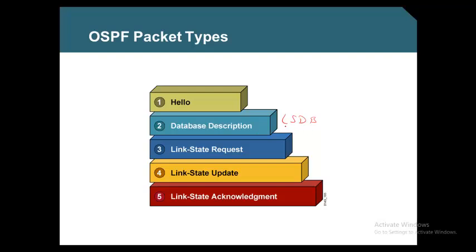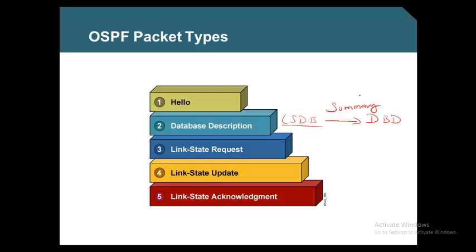The difference is this. The summarized form of LSDB is what the routers will send between neighbor. The summarized form has got a name called DBD.